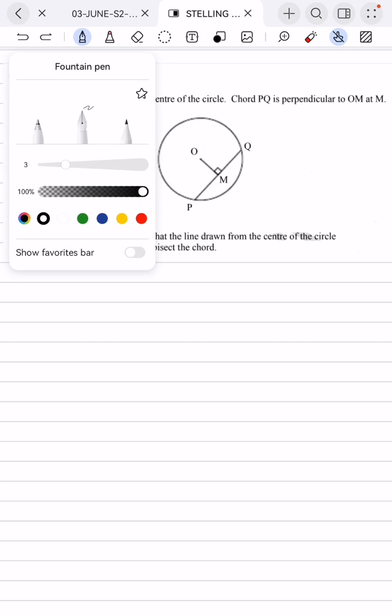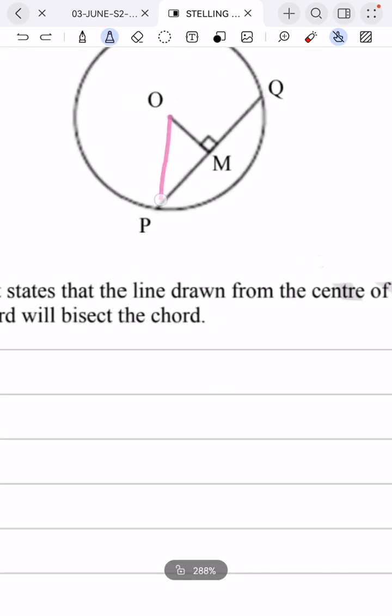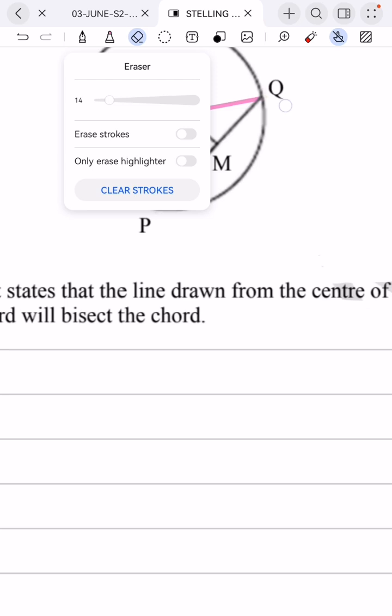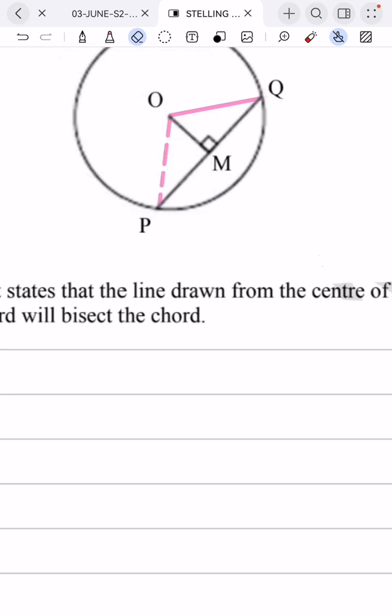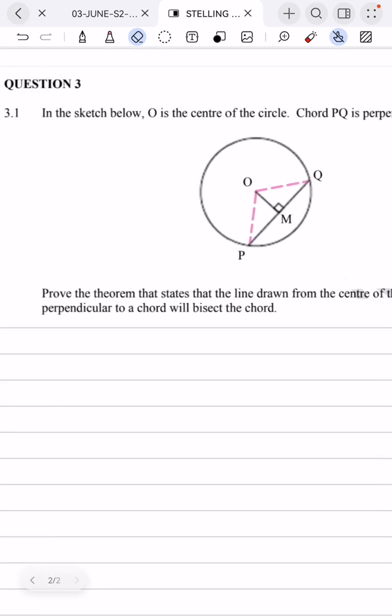If you look at the papers, the first thing that you should do is draw in the construction. Okay, for this theorem you need to draw in the radiuses and then you have to state the construction. Very important, if you do not have the construction on the diagram, you will not get any marks.